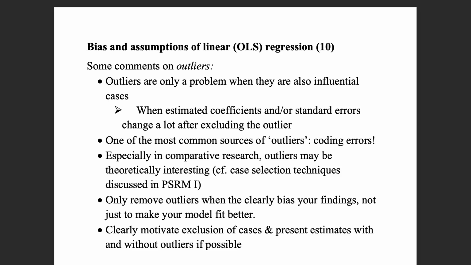So also the people that read your research can judge for themselves whether this was a good choice to exclude your outlier, and which one of those estimates they trust more. Yeah, of course, at the end of the day, you are the researcher and you need to make those decisions, but it's important that you are clear about how you reach those decisions, and ideally also show, well, how sensitive are my results to those decisions.